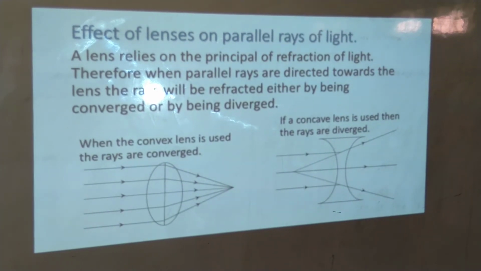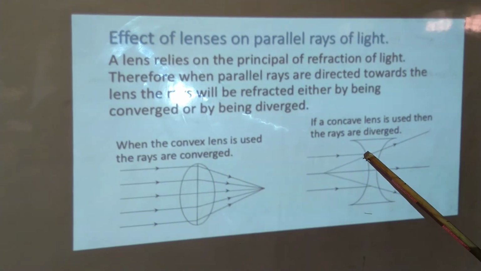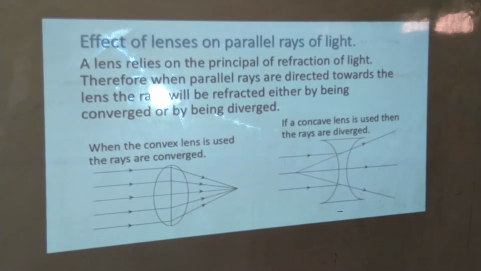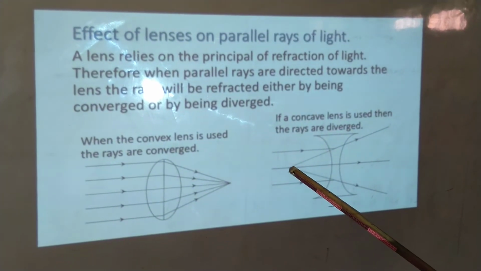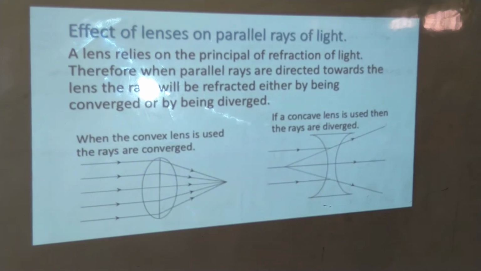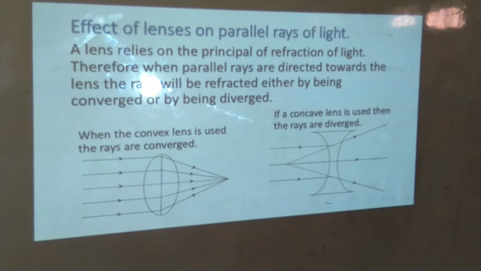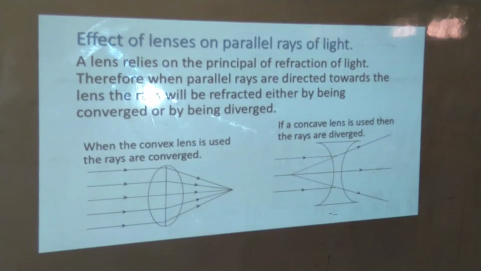That is for the convex lens. But when it comes to the concave lens, the rays are refracted in such a way that they appear to diverge or come from a common point, as shown in the diagram that we have on the board. So these are the two types of lenses and their effect on the parallel rays of light.